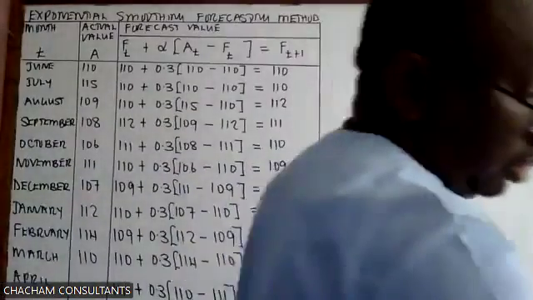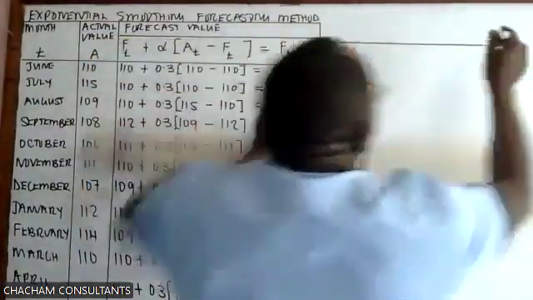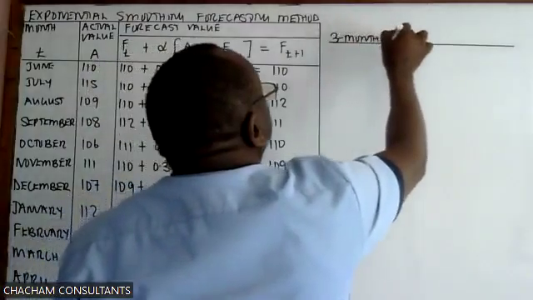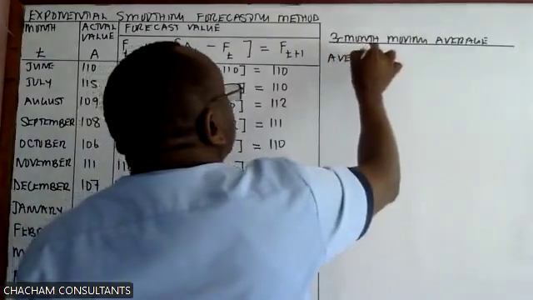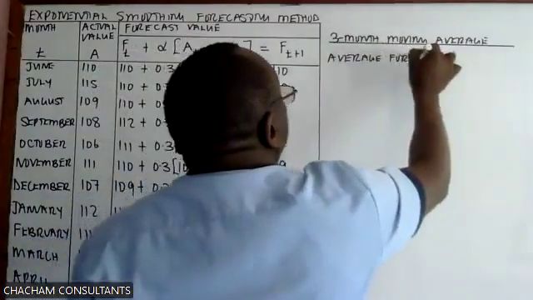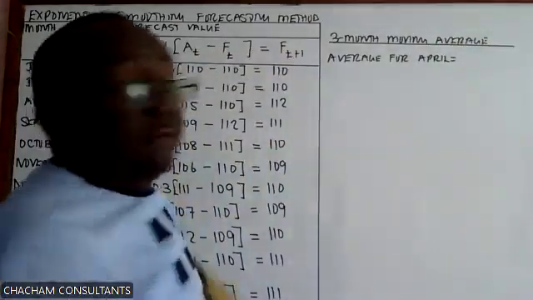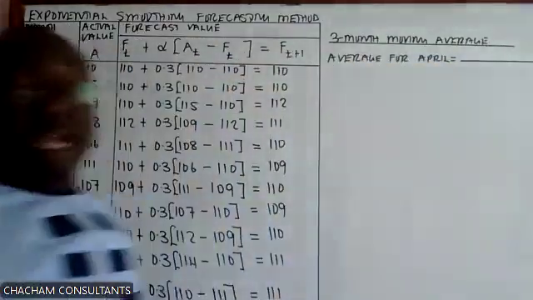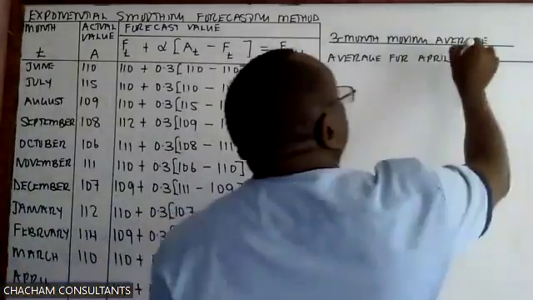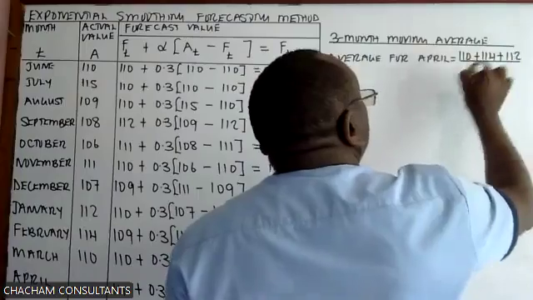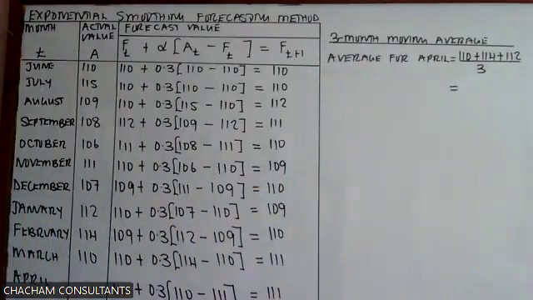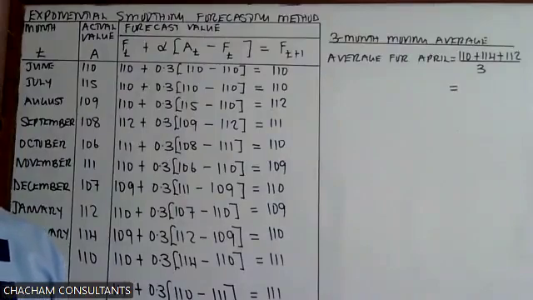So the 3 months moving average for April, we just get the last 3 values: 110 plus 114 plus 112. We divide by 3, and the answer is 112.